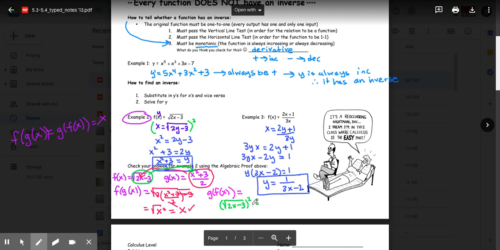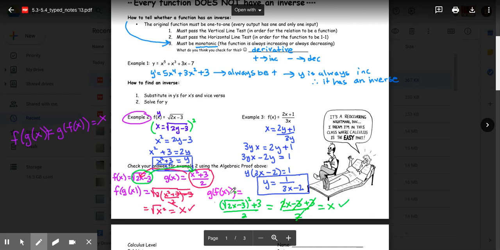Then I'm going to add 3 and then divide by 2. So when you square a square root, you just get the inside, right? So now what's going to happen in the numerator? The 3's will cancel, the 2's will cancel, and you're left with x composing that way too.